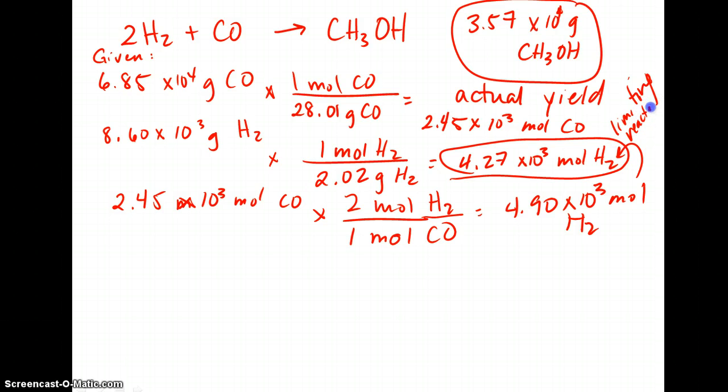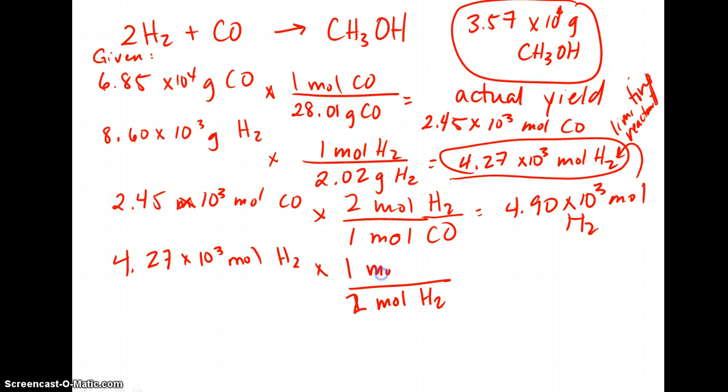Nothing new, we've been doing this before. Now, based on that, if I have 4.27 times 10 to the third moles of H2, how many moles of methanol, or CH3OH, does it make? I know that for every 2 moles of H2, 1 mole of CH3OH is produced.